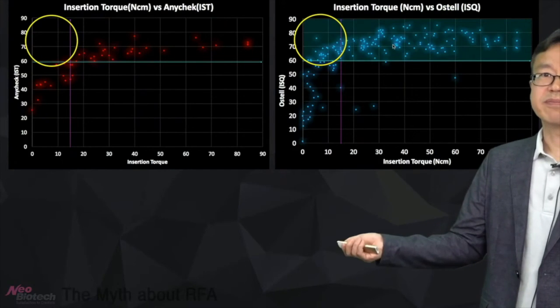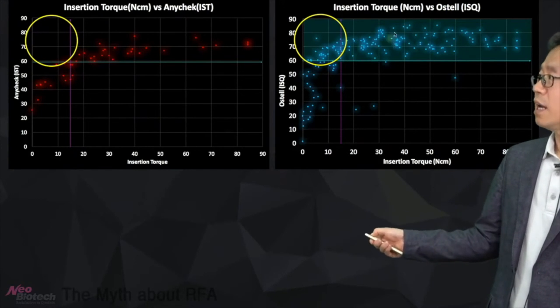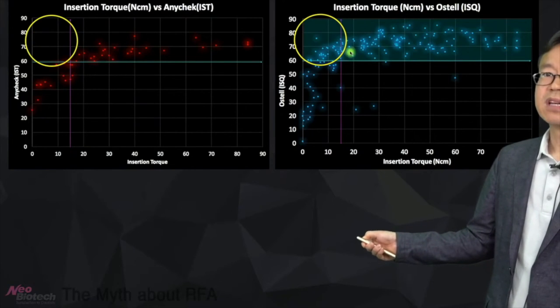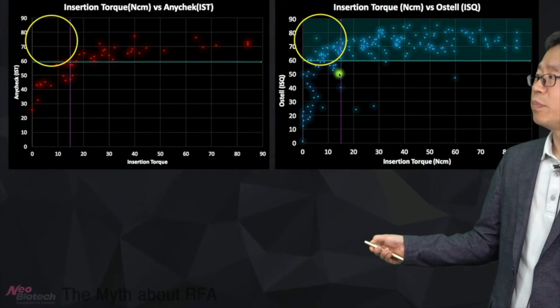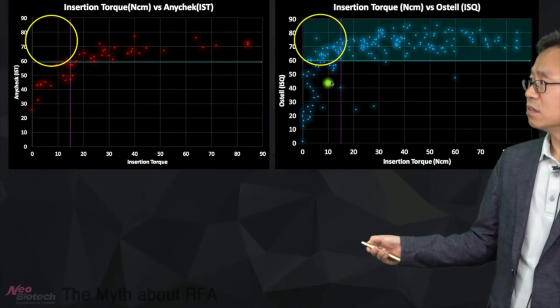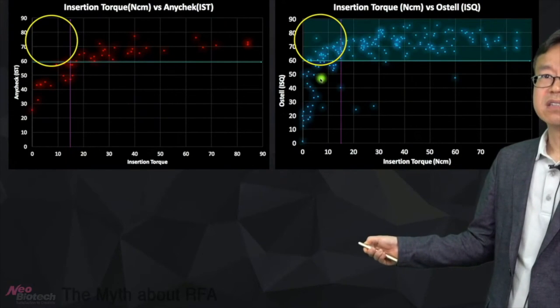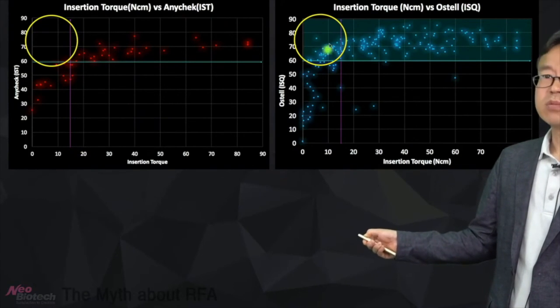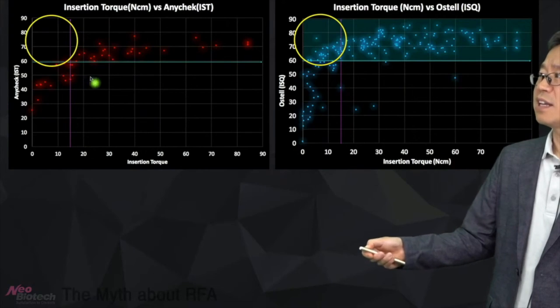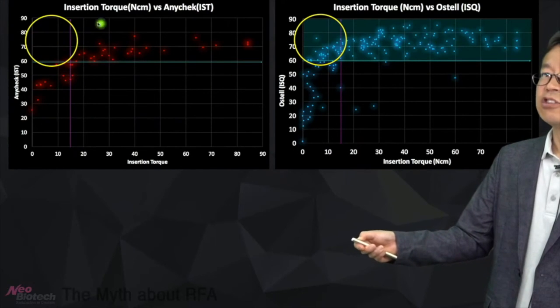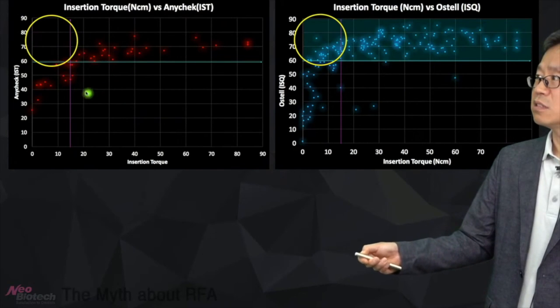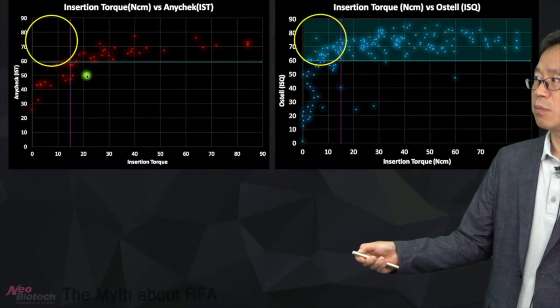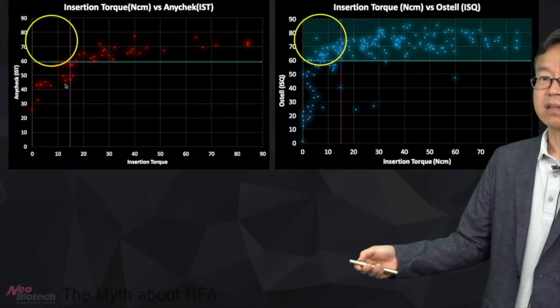What does that mean? On the right side with Osstell, when the insertion torque is below 15, some Osstell measurements are higher than 60, whereas you do not find any AnyCheck measurement above 60 for the same insertion torque zone below 15, which means what?